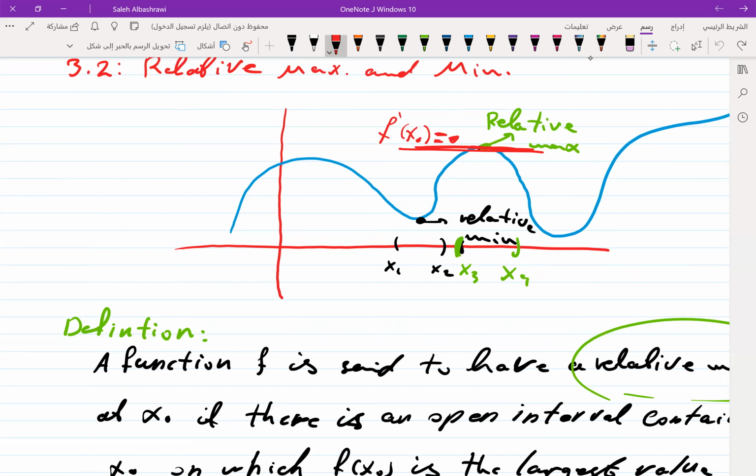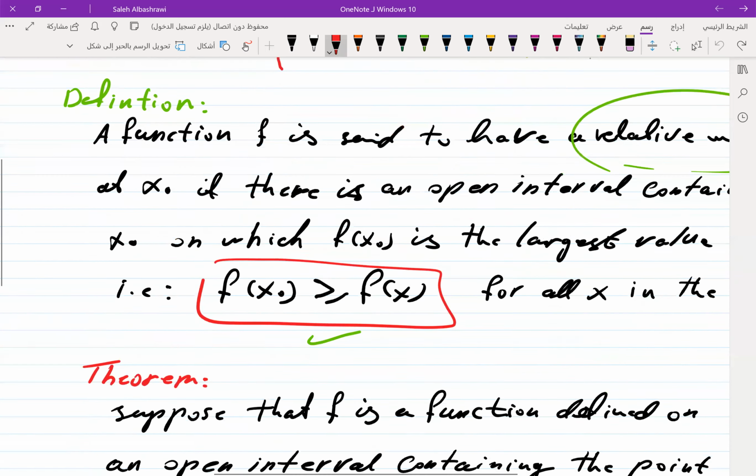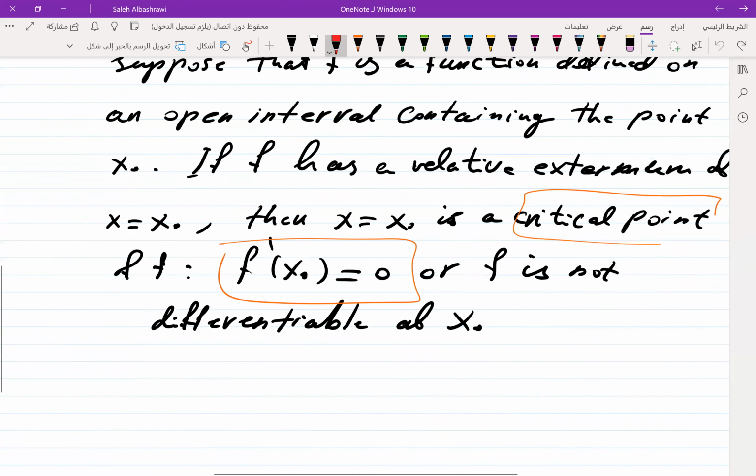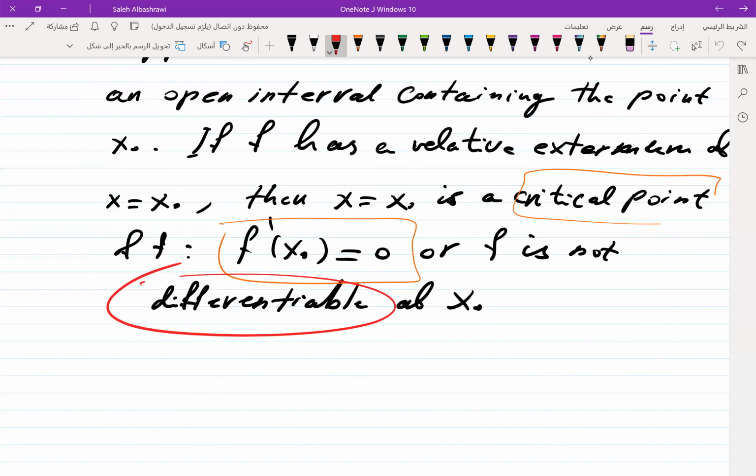So the critical point means that we are going to have a tangent line with a slope equal to 0, or a horizontal tangent line. Or the other type, if the function is not differentiable at that point. Not differentiable, we will have a corner in some part of the function. Not differentiable means that the limit in the definition of the derivative does not exist.